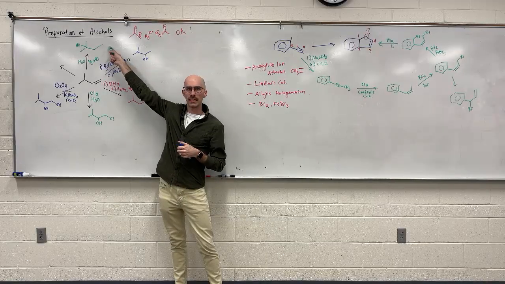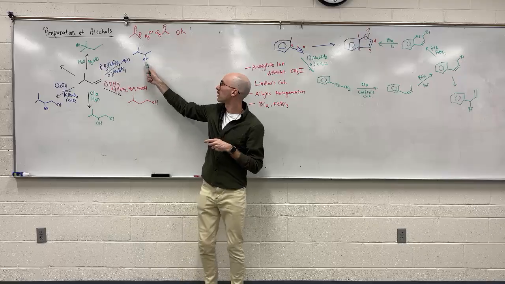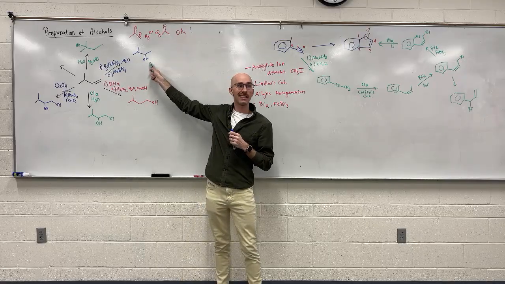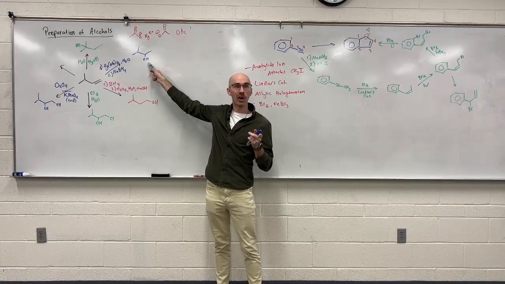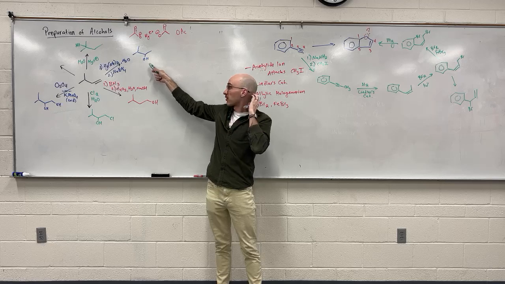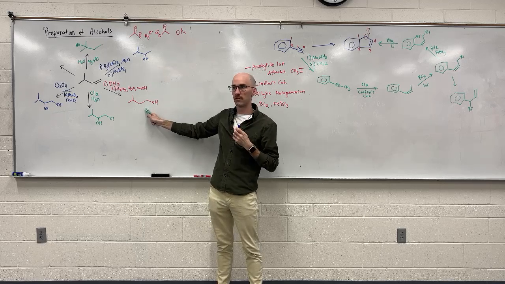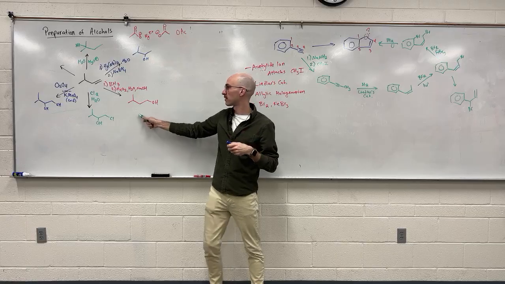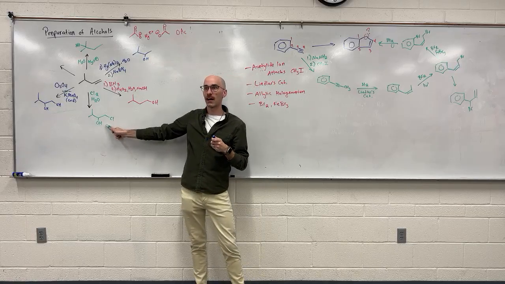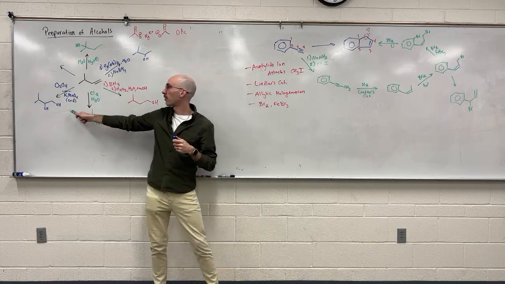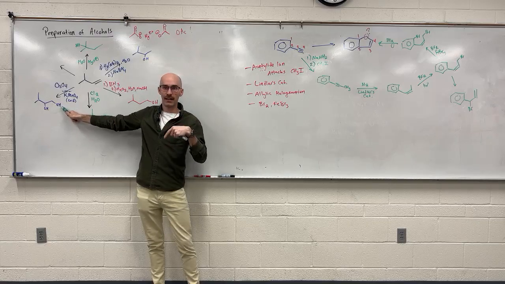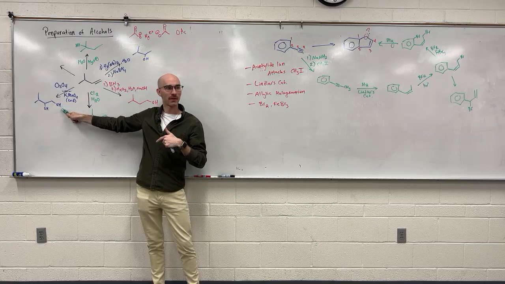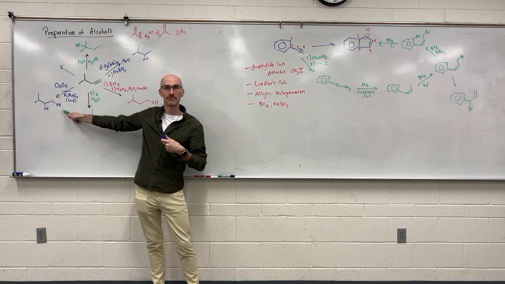No, every carbon has at least 2 identical groups. Chiral? Yeah, the alcohol carbon has 4 distinct groups. Chiral? No, every carbon has at least 2 identical groups. Chiral? It's the alcohol carbon again. Chiral? The secondary alcohol carbon is chiral. The primary alcohol carbon is achiral. Okay.